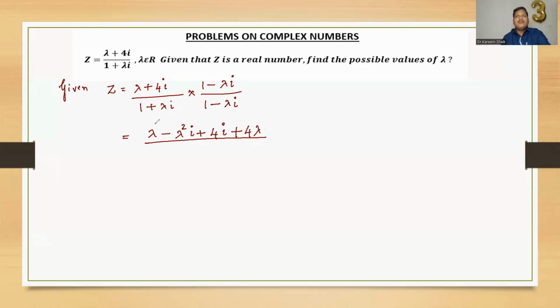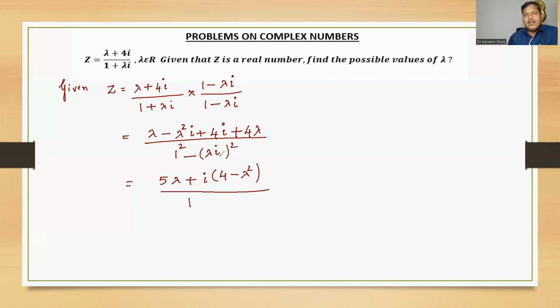These two are in the form of a plus b into a minus b, so we can write it as 1 square minus lambda iota whole square. So finally, lambda plus 4 lambda, that means 5 lambda, plus, taking iota common, iota times 4 minus lambda square, upon 1 square, which is 1, and iota square is -1, negative of negative is positive lambda square.